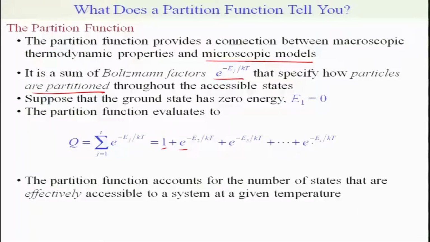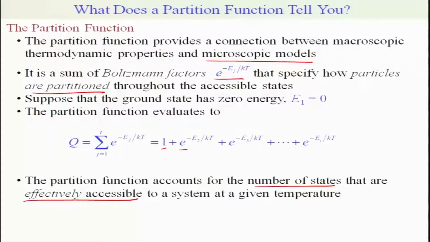So, the partition function accounts for the number of states that are effectively accessible to a system at a given temperature. There are t energy levels, but if we consider the energies of different levels with respect to the ground energy, this is basically the sum of possible effective accessibility.